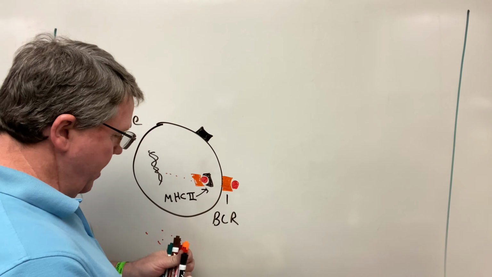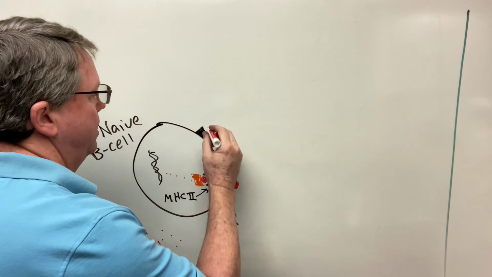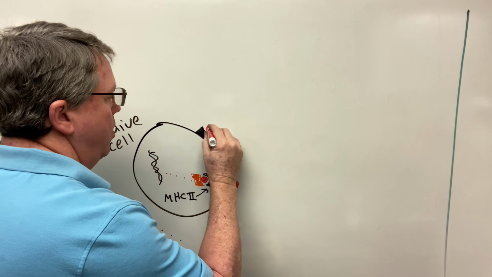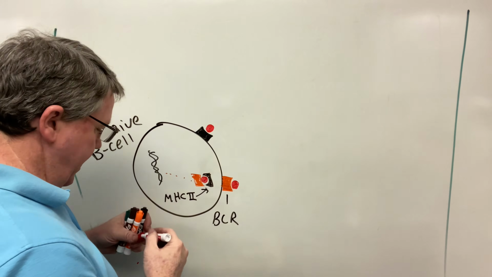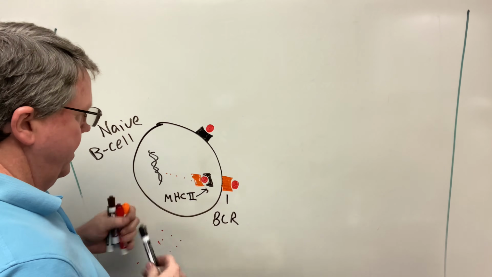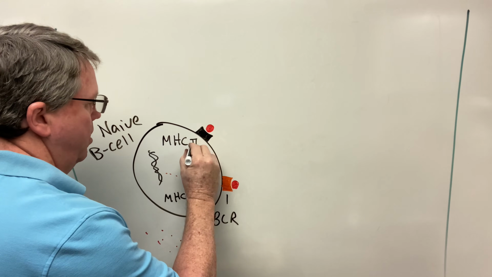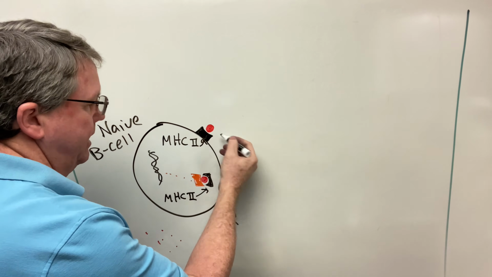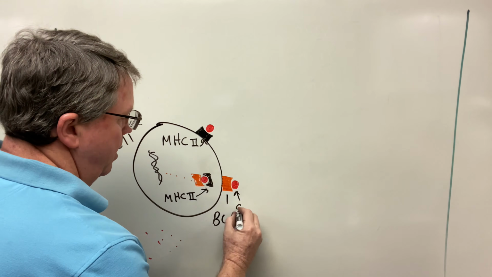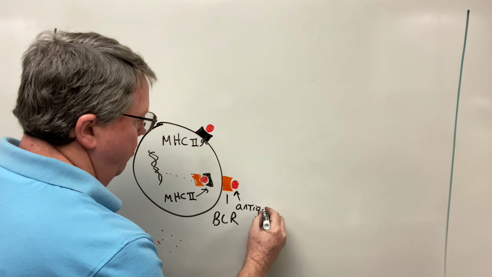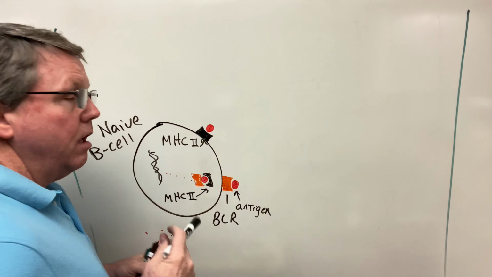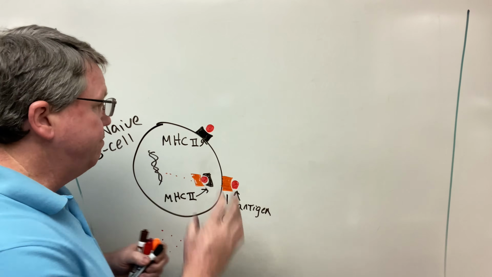So now I've got my MHC2 with my antigen presented on the outside. Just to keep it out of the way, I'm going to write antigen right here. Now, if you recall, the macrophage basically looked like this.